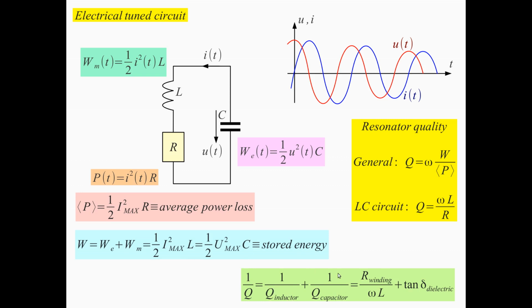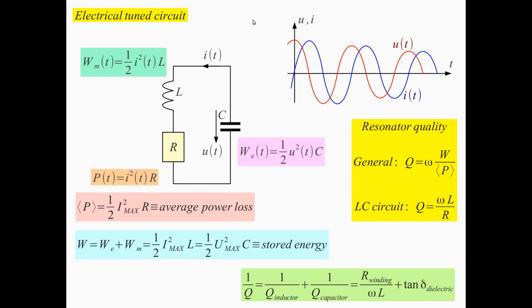So 1 over Q of the capacitor is the tangent of the loss angle of the dielectric, and the Q of the inductor is the inverse of this value here, just for the inductor. I intentionally removed the capacitor quality because it is usually much higher than the inductor quality, so it doesn't affect the sum much.